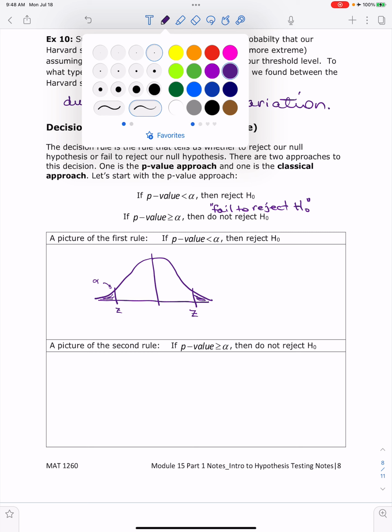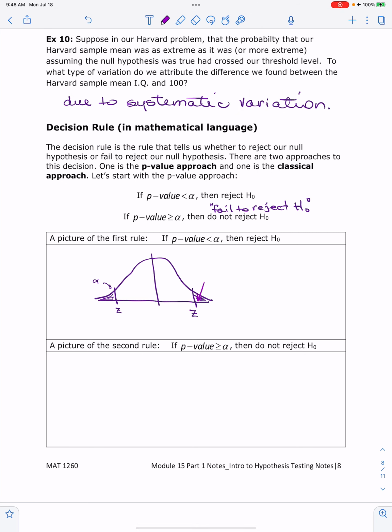Anything that lands in a tail, whether it's a right tail or a left tail or a two-tail, we reject H naught. So think about what that means. That means that the values that we found are far enough away from our population mean or proportion that they are in that little 1% in the tail or 5%, whatever our alpha value is.